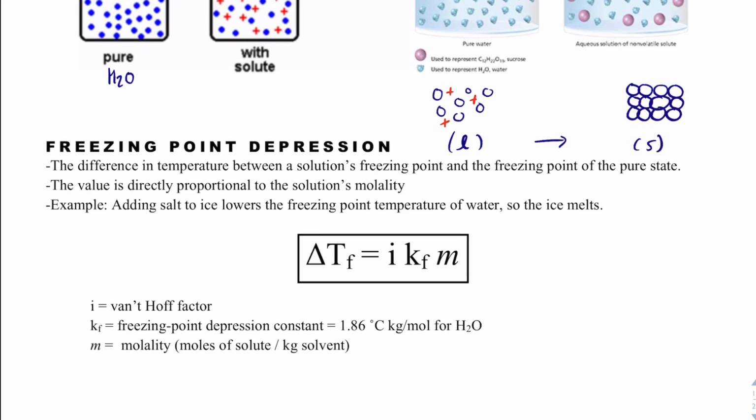What's going to happen is it makes it more difficult to actually freeze your substance because you have salt particles that are there. And so these blue circles that I'm drawing, they're not able to get as close to each other here because the salt particles are interfering, okay?